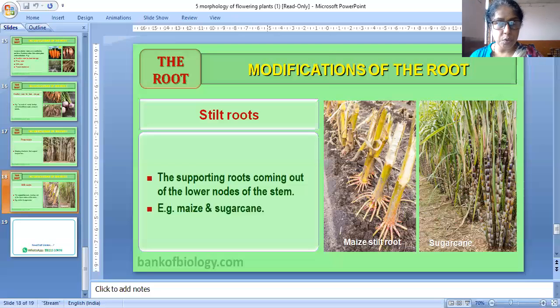So venation, all of you understood: the arrangement of veins and veinlets in the lamina of the leaf is termed venation.